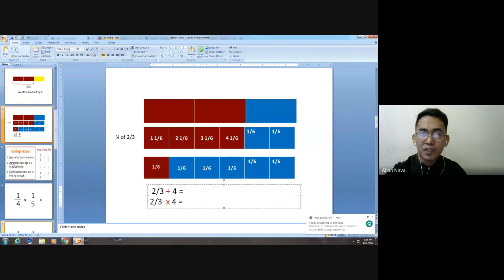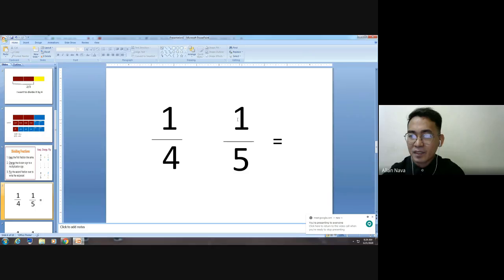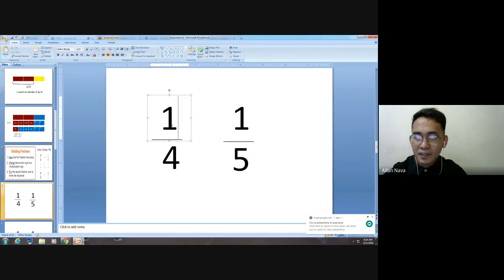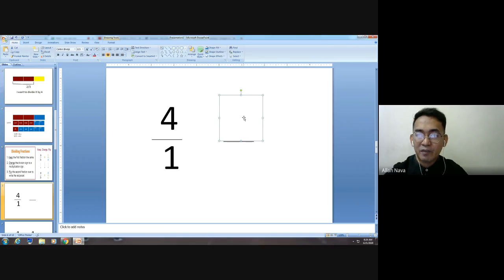Now, if you have 1, gamitin natin ito muna ha. So if you have 1 here as your denominator, gusto mo siyang i-flip, so ano yung magiging sagot? Okay, i-flip natin.